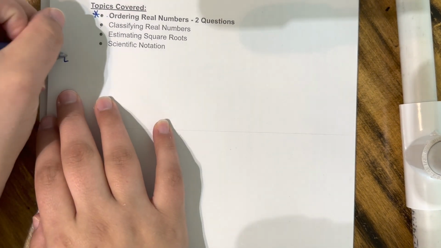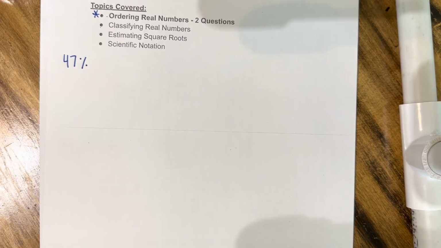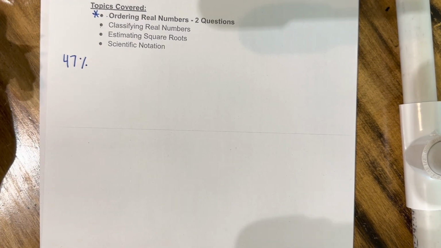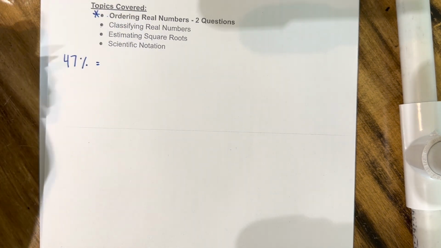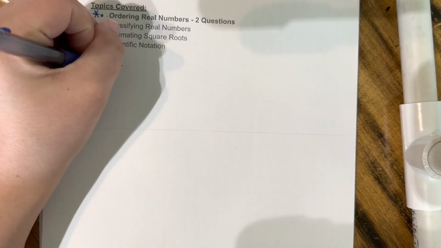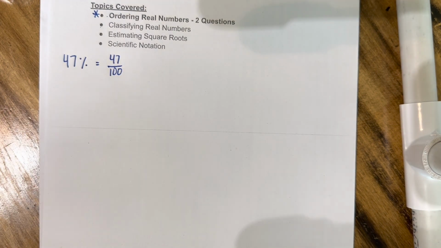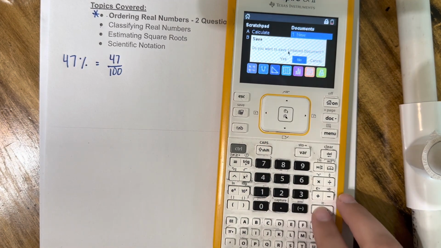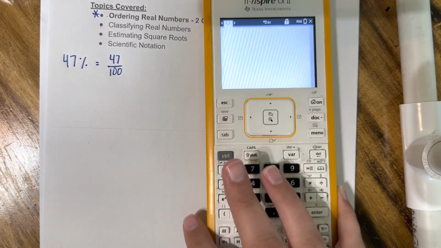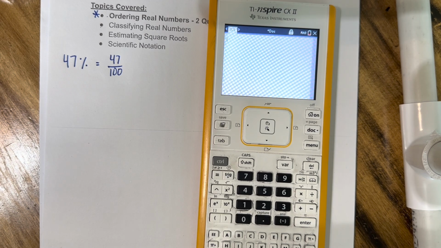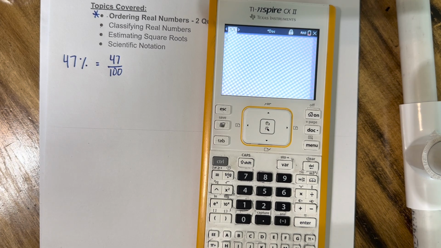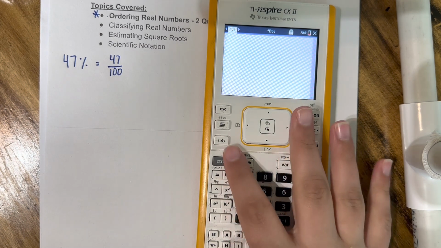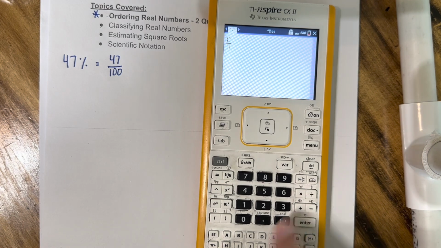So the first one I'm going to do is a percent. So if I have 47%, the easiest way to do this is to know that percent is always out of 100. So I can make a fraction that puts 47 over 100. And then I can go into my calculator. Start a new document. Now there's 2 ways that we can convert a fraction to a decimal. The first way, the way that's written on your calculator notes, is I make a fraction by doing control divide.